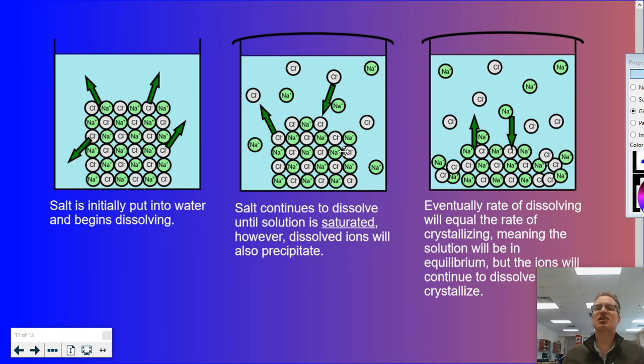And the reason it's changed shape is because this is called dynamic, right? We know that particles are always moving. Particles have energy. Solids vibrate, liquids move around so they can roll past each other. And so although this is saturated and 9 particles is our maximum in solution, that doesn't mean it's always the same 9 particles in solution.